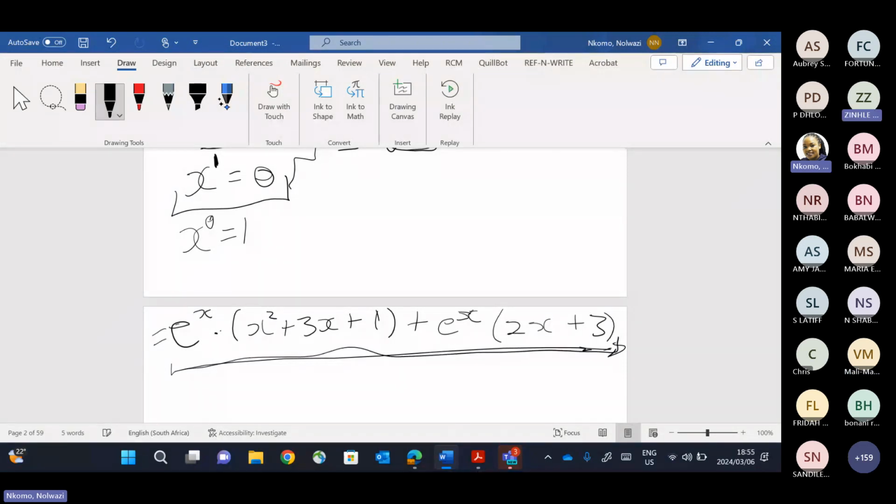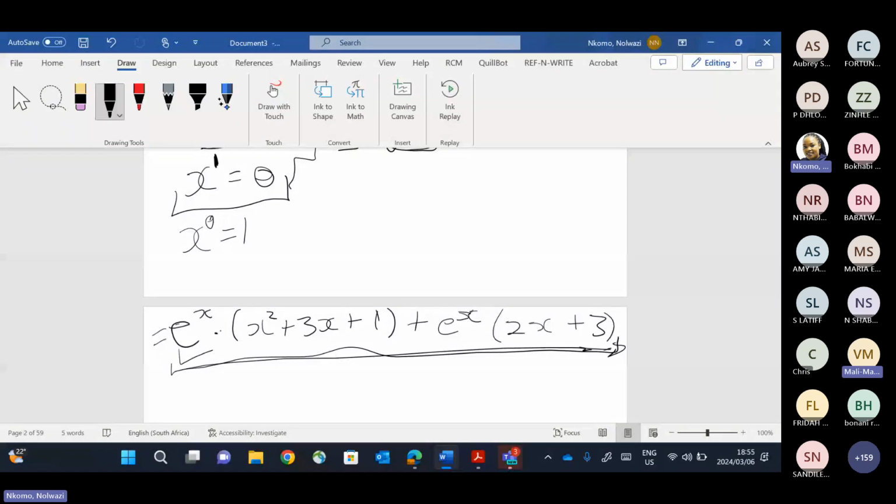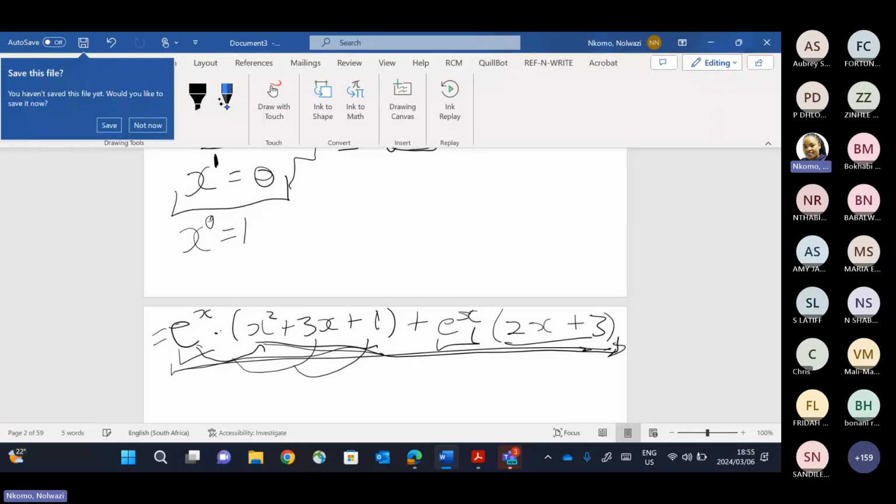You either take out e to the power x as a common factor and add everything together, or you do the long way: multiply this by this, this by this, plus this by this. It depends on the solutions there. If this is one of the possible solutions, then you leave it here. If they are more simplified, then you simplify. Okay. Thank you, ma'am.